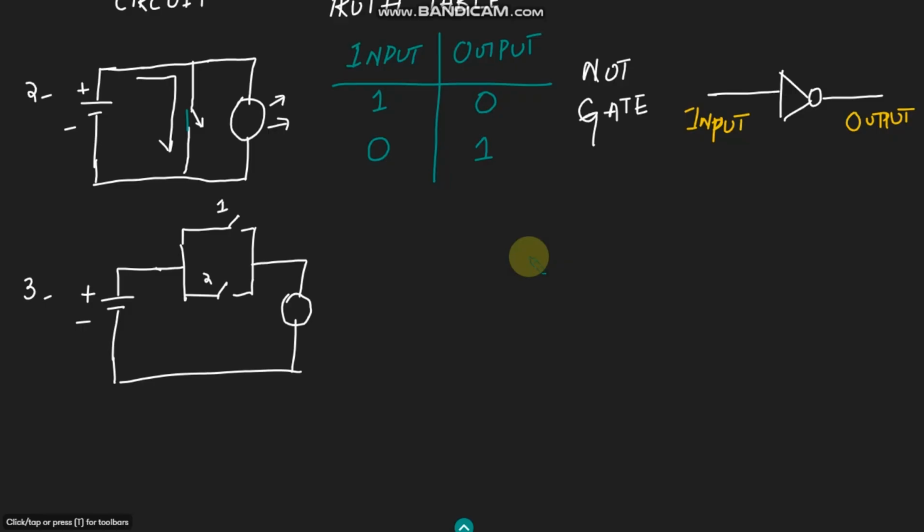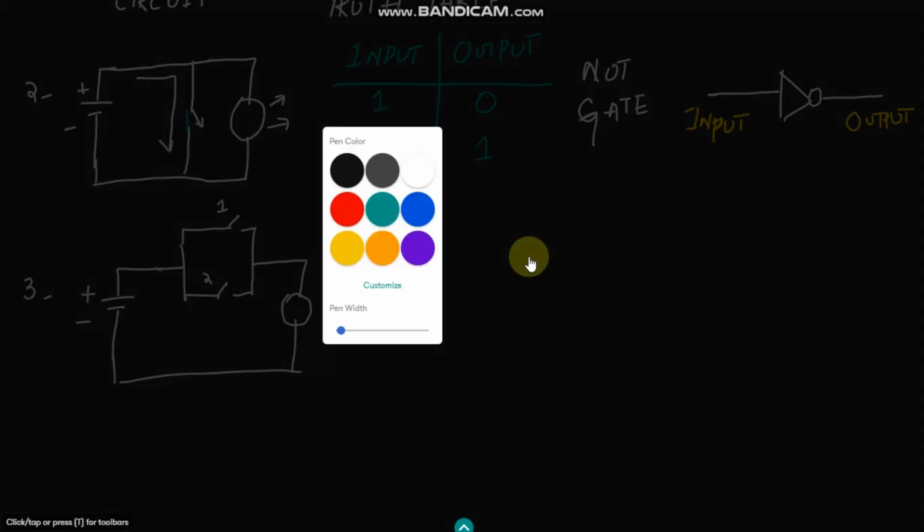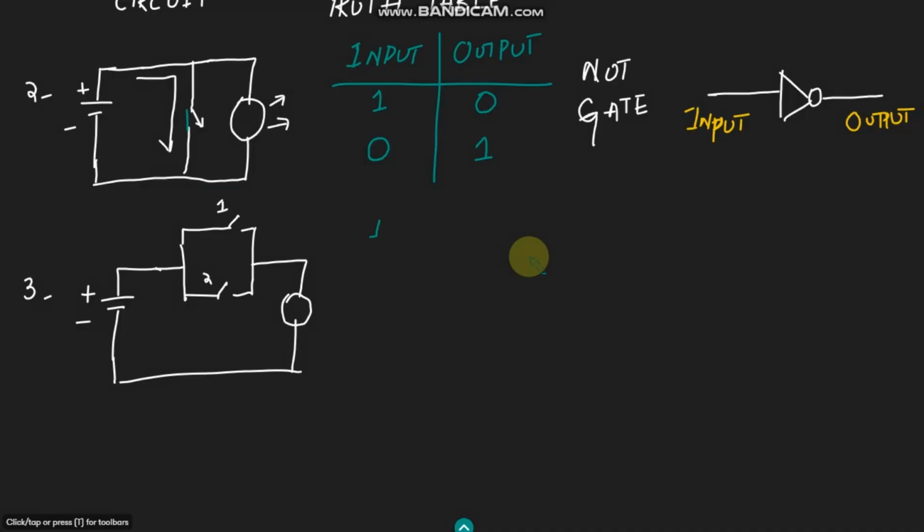Okay, so if this is the voltage source, to flow the current from this end to this end, we now have two paths. If any of the paths is shorted, all the current will flow through it and the bulb will glow. Okay, so again here let me have the input, the output here, but there is a scenario that now we have two inputs.